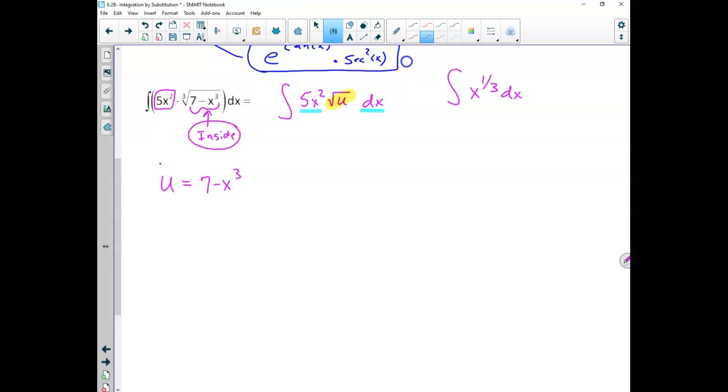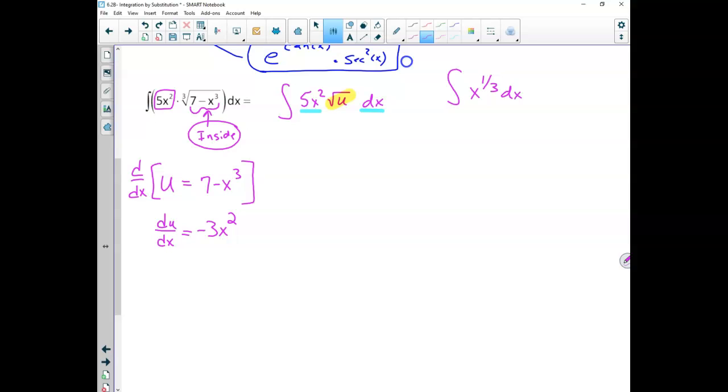If I look here at how I defined u, and I take the derivative of that with respect to x, this gives me du dx, which equals, well, what is the derivative of 7 minus x to the third? That's going to give me negative 3x squared, right?